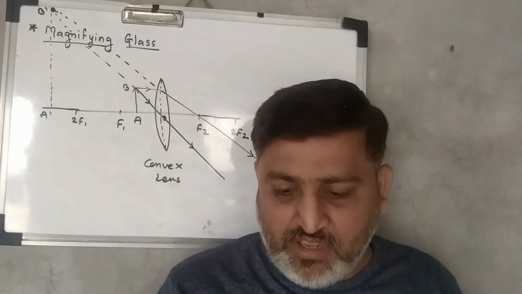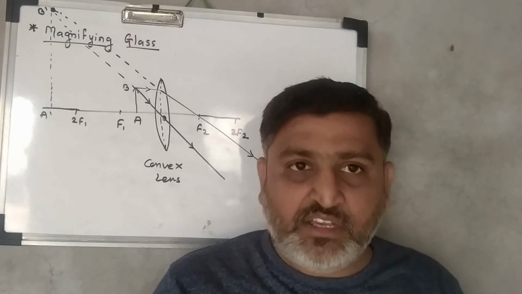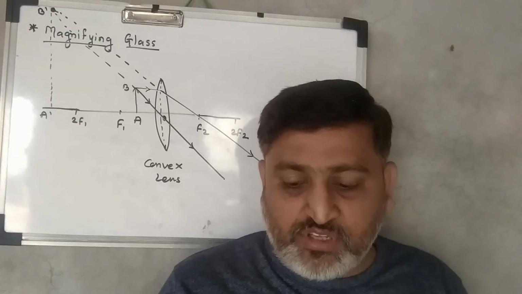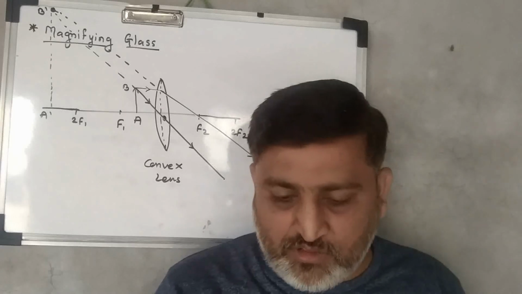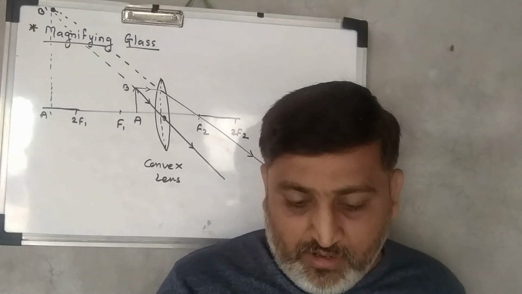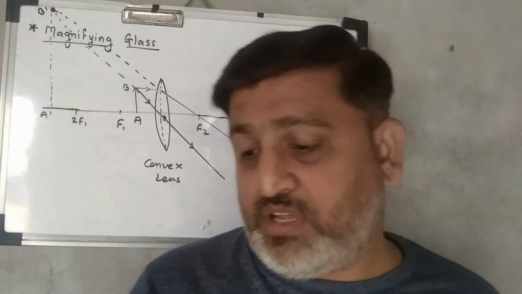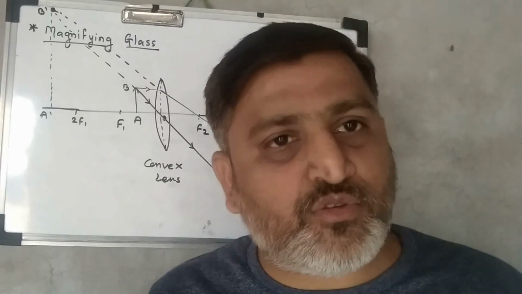They use either separate spectacles for seeing near as well as far objects, or they use a bifocal lens. Okay, bifocal lens means it will have a double focal length. Okay, the magnifying glass is a convex lens of short focal length fitted in a steel frame provided with a handle, which is also one of the uses.